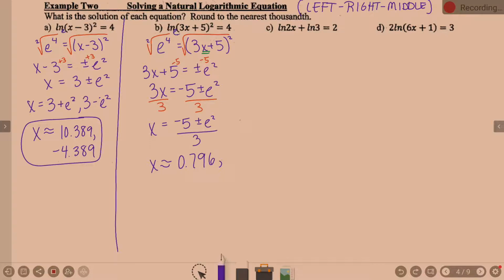Now, I have 0.796 is one of mine. And my negative answer, when rounded, is negative 4.130. So I think you said 4.129. Yeah. So I'm sure that was just a rounding glitch. It was. See, I forgot to divide by 3.